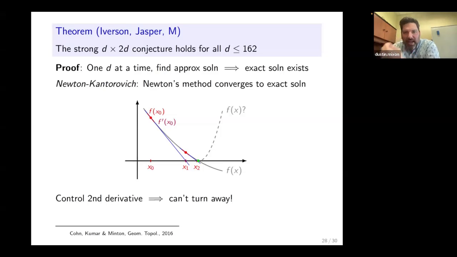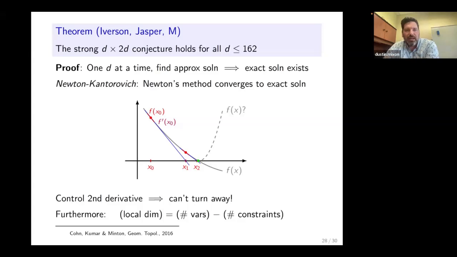So there has to be a root nearby. And Newton-Kantorovich is a technique that allows you to use this intuition that's specific to one or two dimensions and transfers it over to the multidimensional setting we have with multiple variables and multiple constraints.